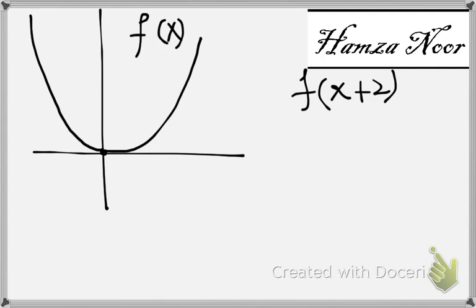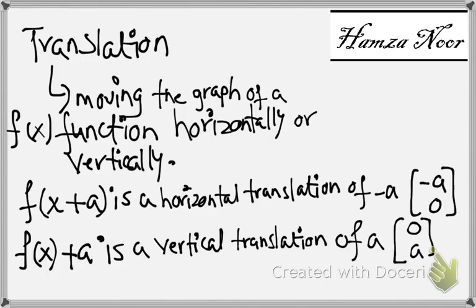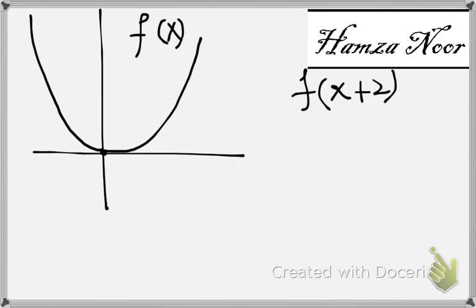First you need to decide whether it is a horizontal translation or a vertical translation. Since you know that when a constant term is added within a function, it is a horizontal translation of minus a, you will say that this is a horizontal translation of minus 2, and each of the x coordinates will move with this vector (-2, 0).